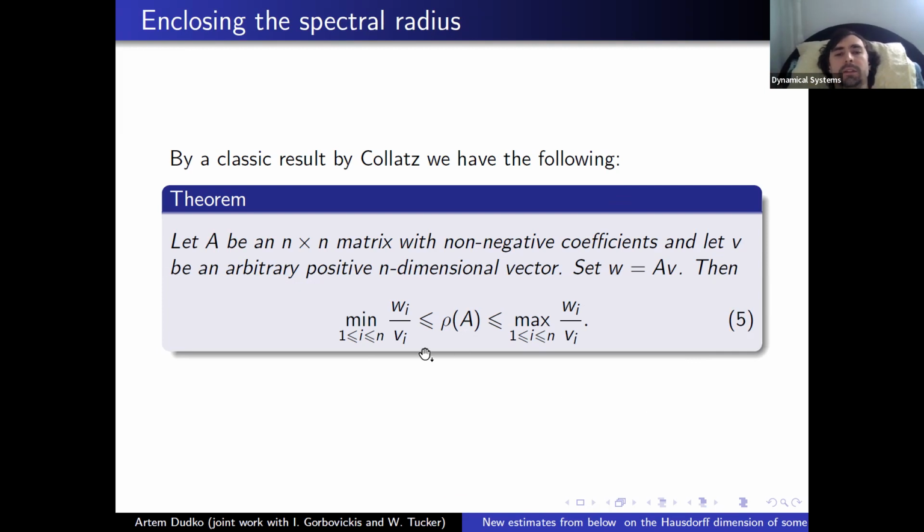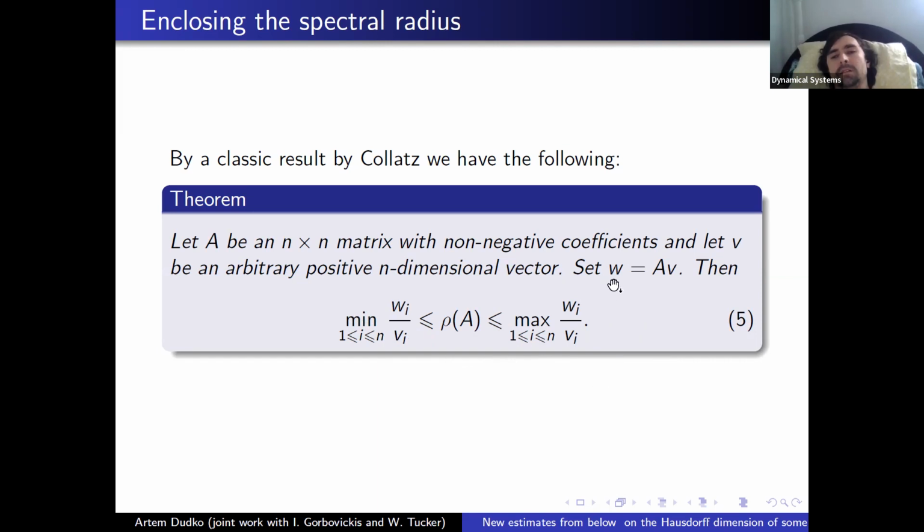We can take any vector v with positive entries, take its image w, and the spectral radius is always greater or equal to the minimum of the ratios wi over vi and less or equal to the maximum of the ratios wi over vi.